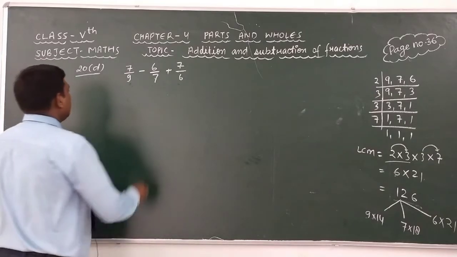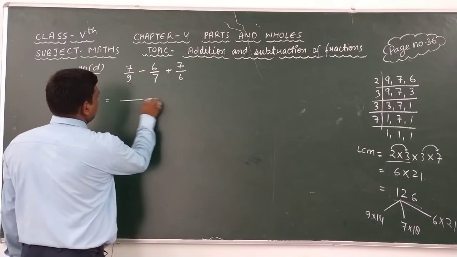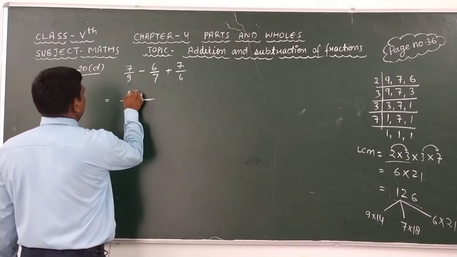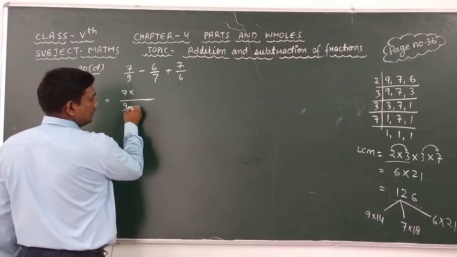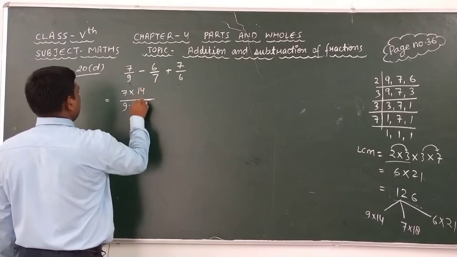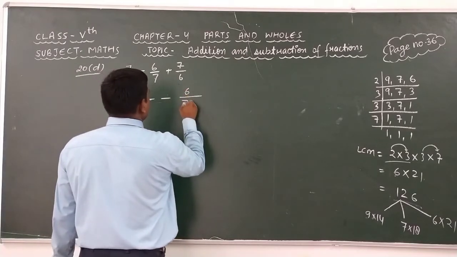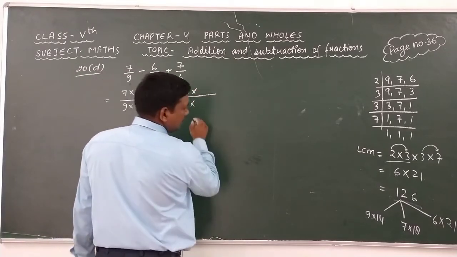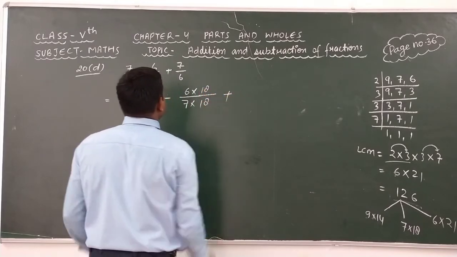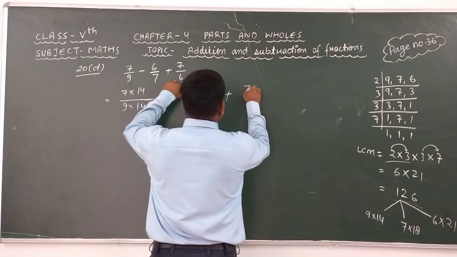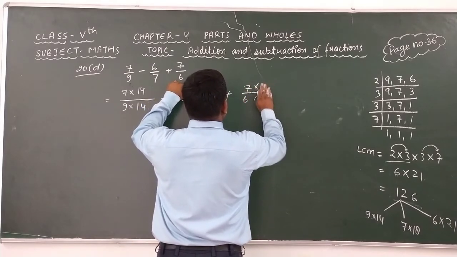Okay, students, then look here carefully. In this fraction, we multiply 14 in numerator and denominator; minus, in this fraction we multiply 18 in numerator and denominator; and in this fraction we multiply 21 in numerator and denominator.